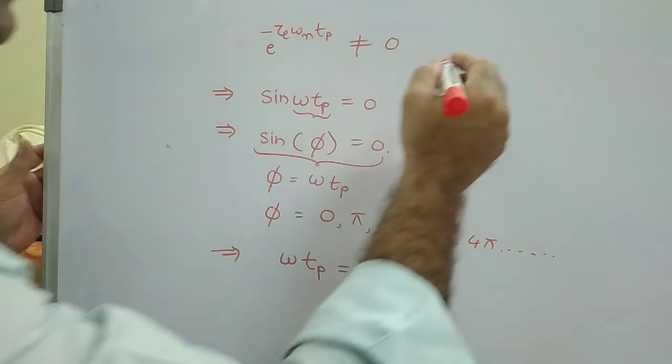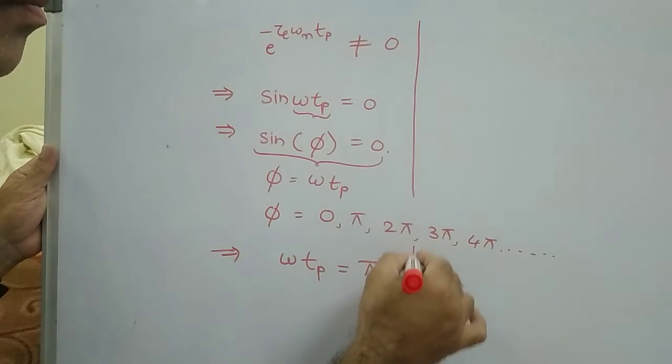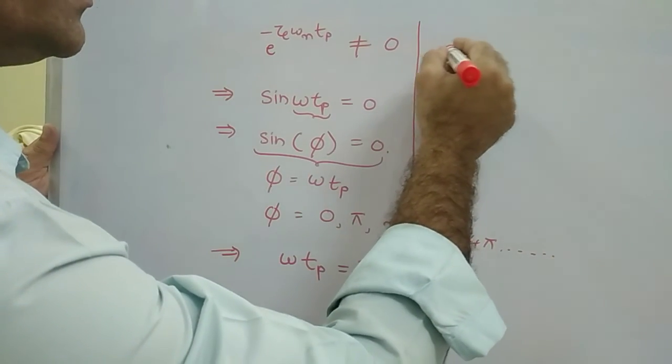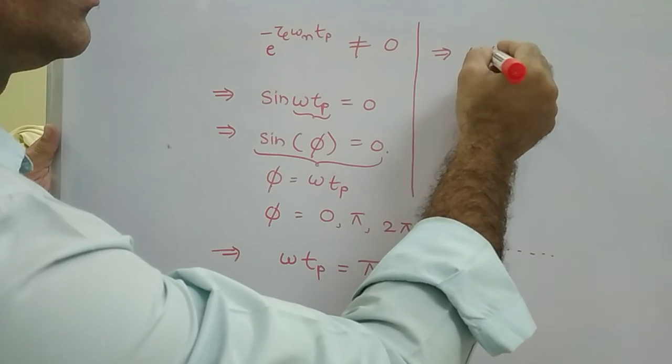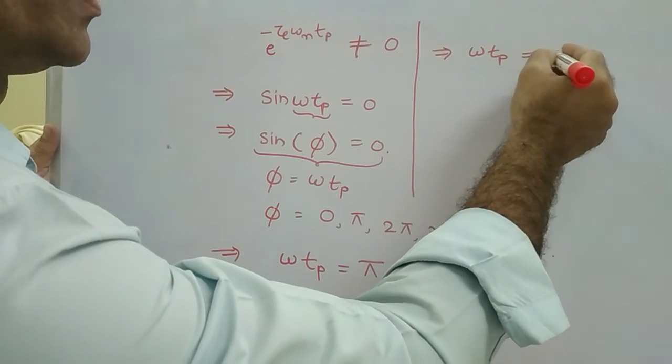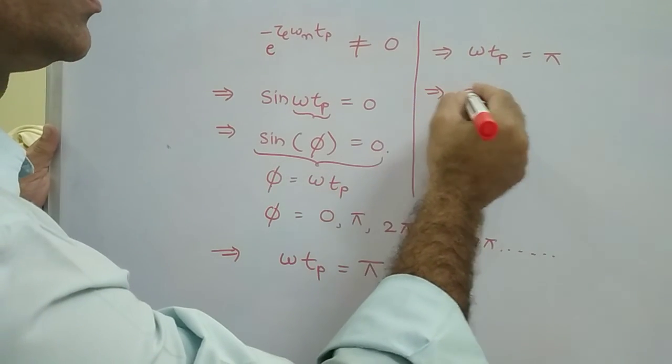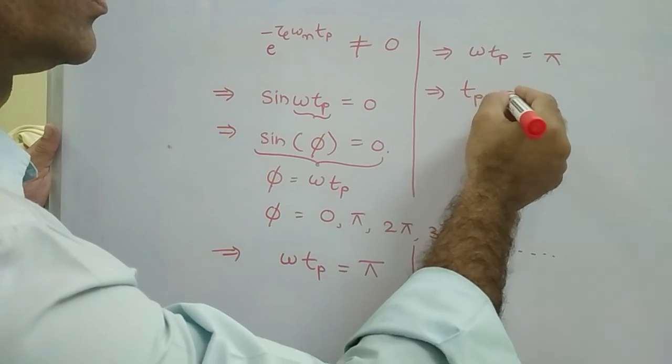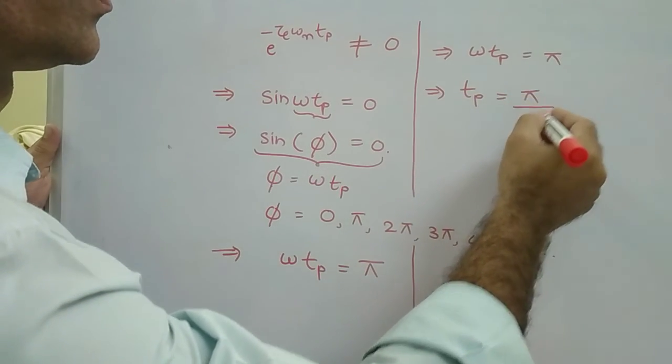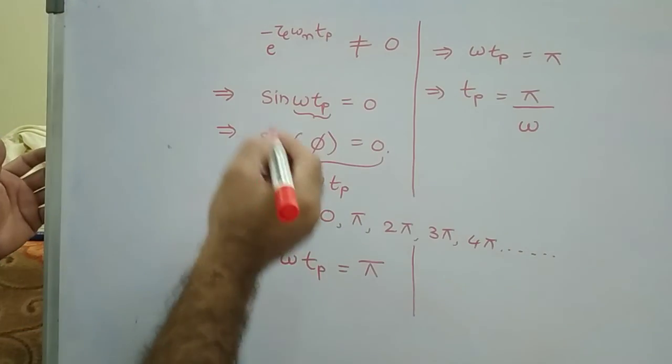From here, this implies omega tp is equal to pi. This implies, what is tp? It is pi by omega. What is omega? Omega is nothing but your omega d.